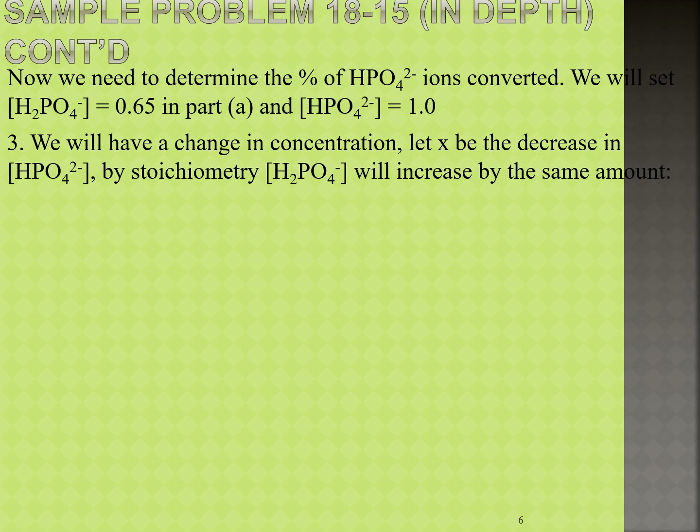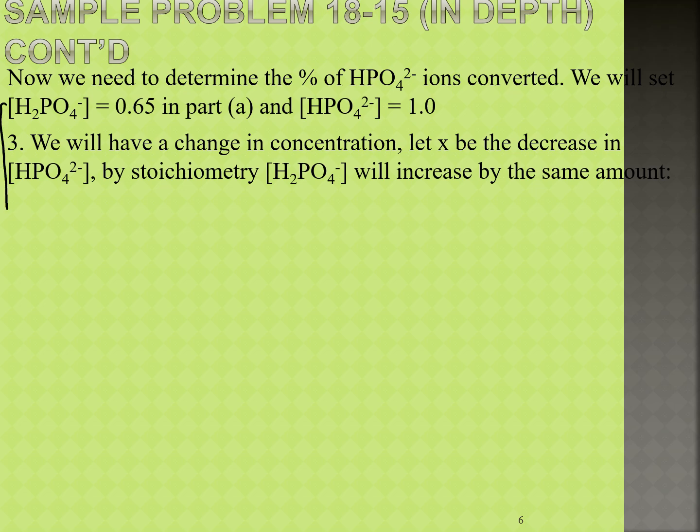So what we're going to do is combine what we've found. It says up here that we're going to determine the percentage of ions converted. We will set the acid concentration from part A of our problem to be 0.65 and the base to be 1.0.